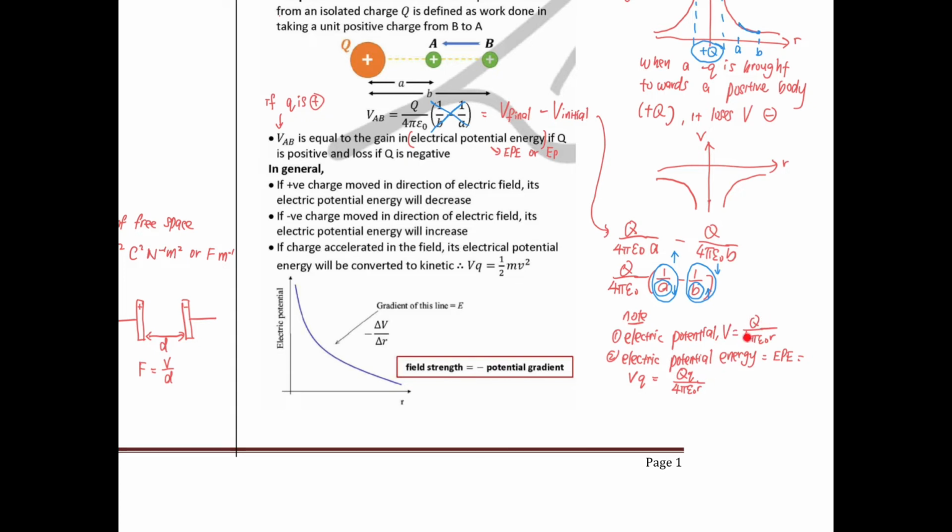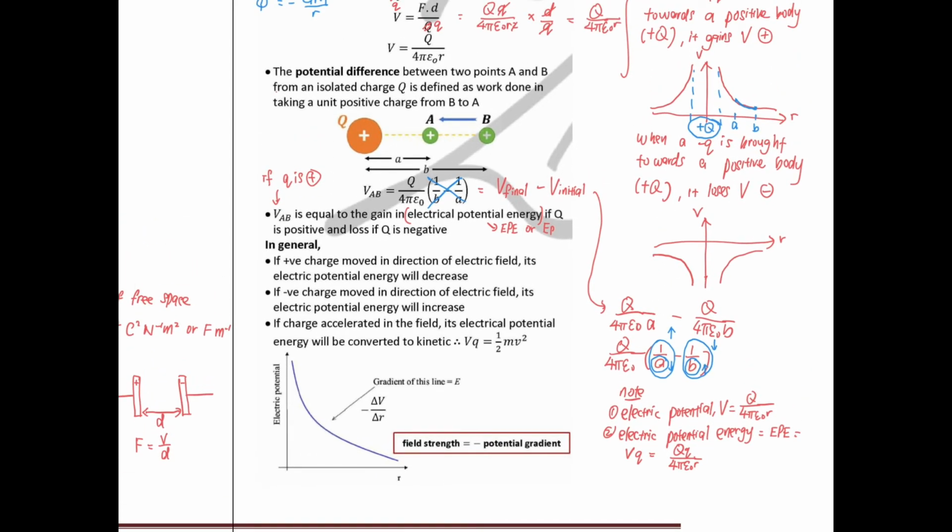You multiply with small q, and then you get electric potential energy. The small q of course is a constant, and it won't affect the graph too much.